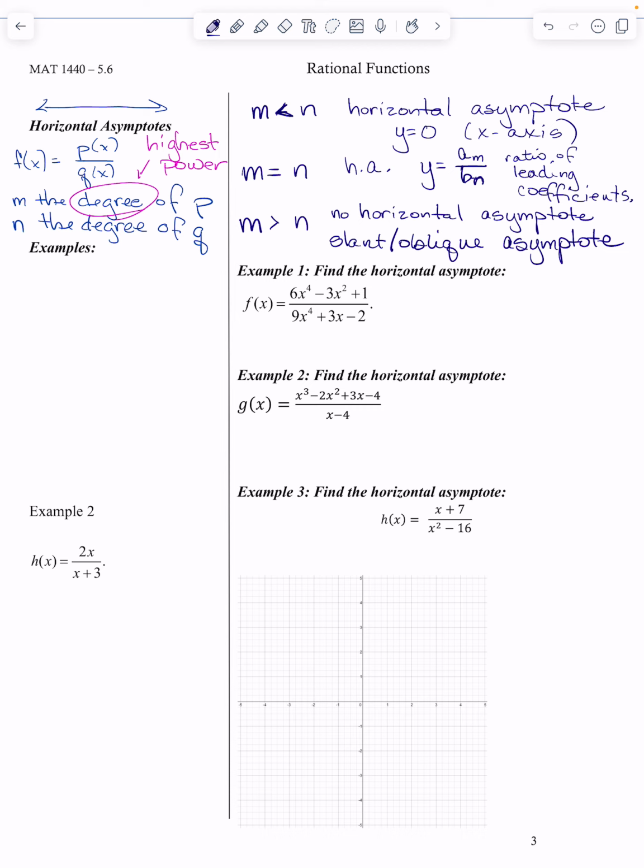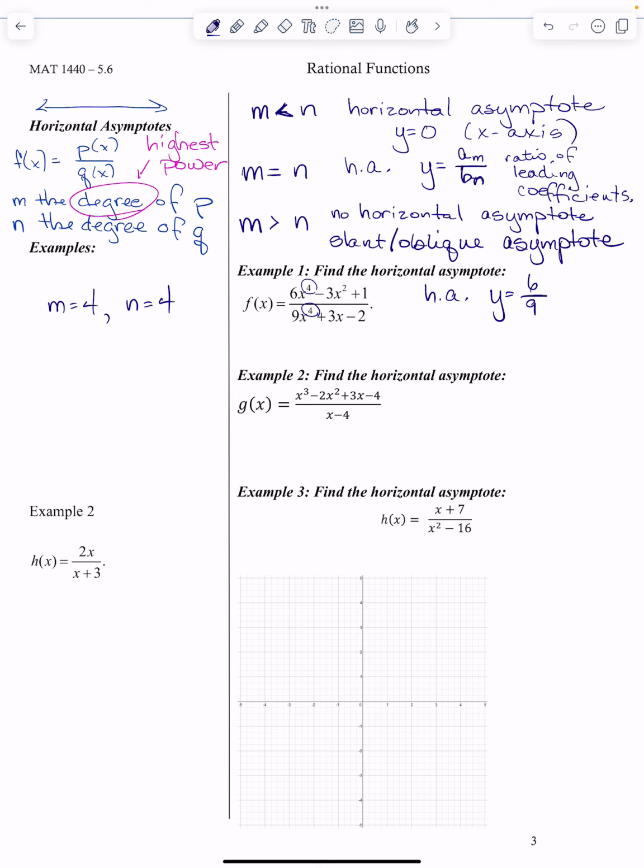Okay, so let's look at the examples, with crappy numbering here. I'm not sure what's going on. Sorry about that. So, example 1. The degree of the numerator is 4 and the degree of the denominator is 4. Highest power, highest power. So my horizontal asymptote is at y equals 6 over 9.